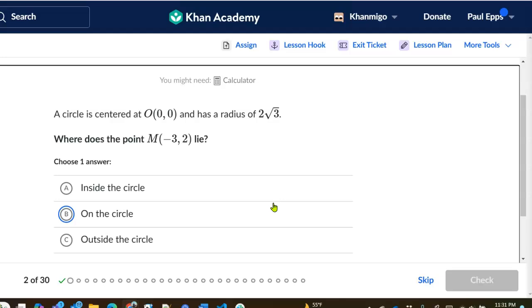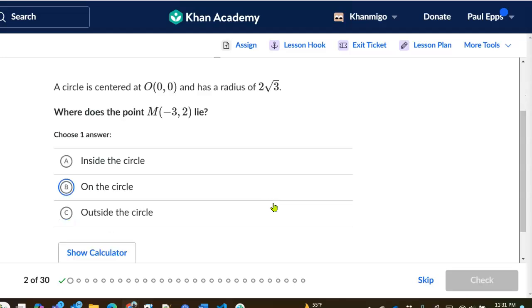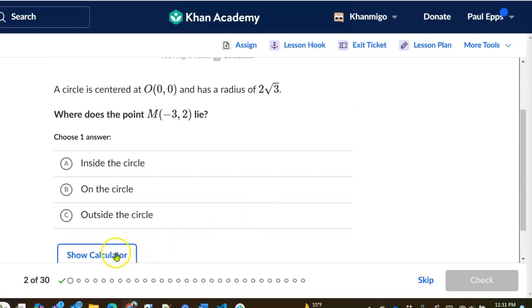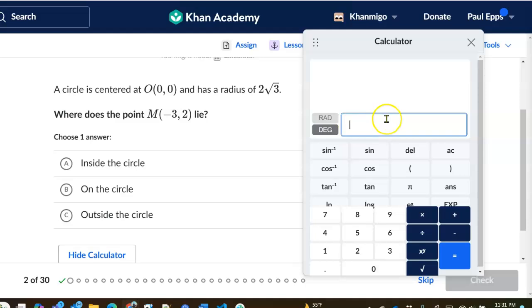A circle centered at 0, 0 has a radius of 2 times the square root of 3. Where does the point lie? We've got to do a distance formula. Well, we can do this a little bit easier than that. Square root of 3 squared, 9, plus 4, 3, 6, 0, 5.